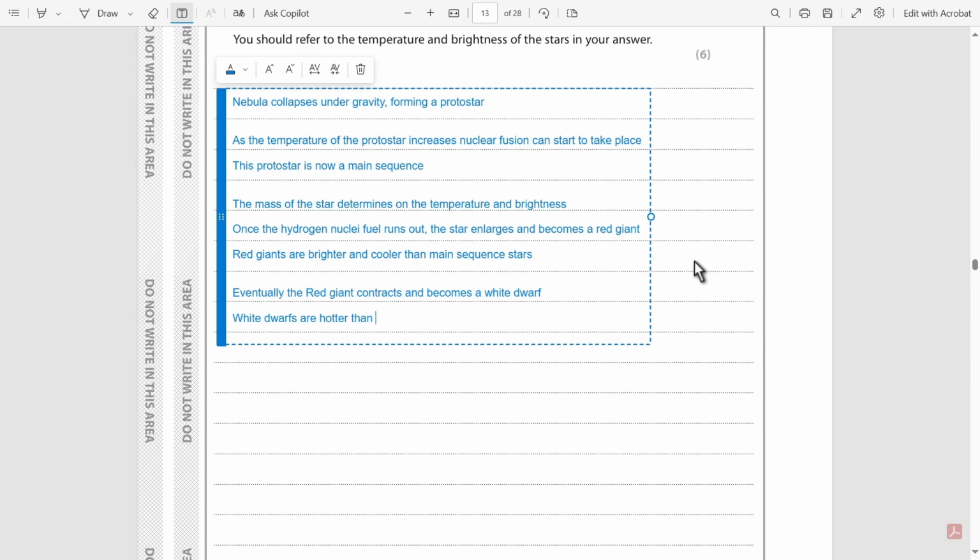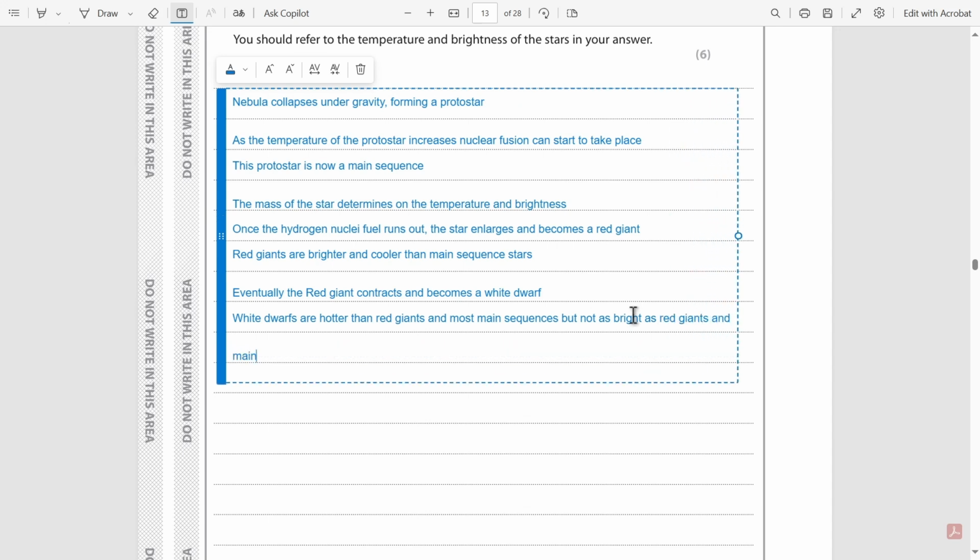I wouldn't say main sequences, guys. I'd say red giants and most main sequences, but not as bright as main sequences. Red giants and main sequences.